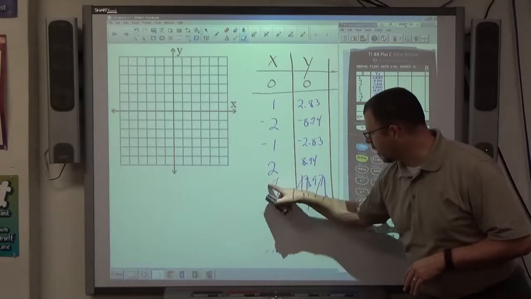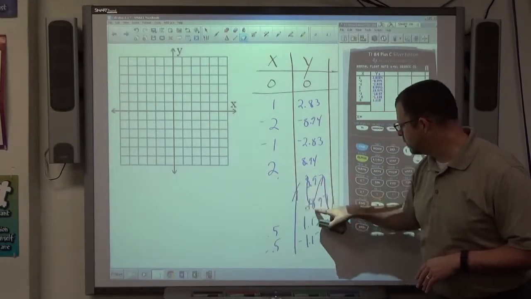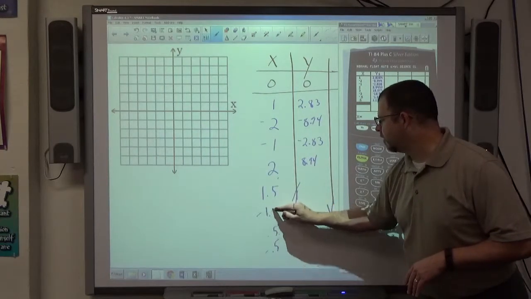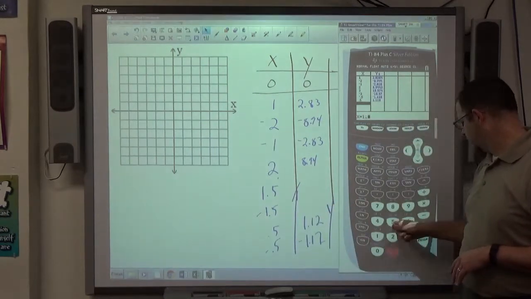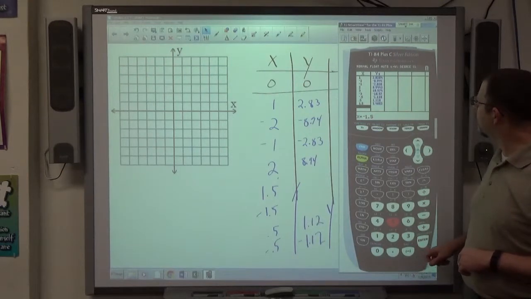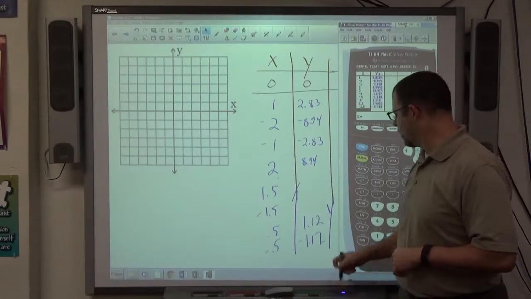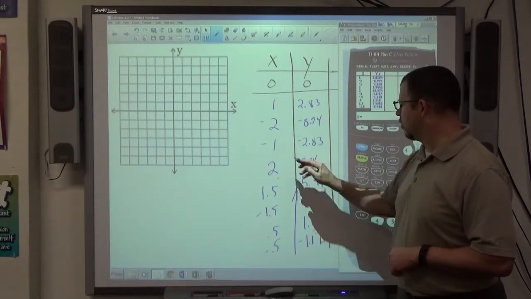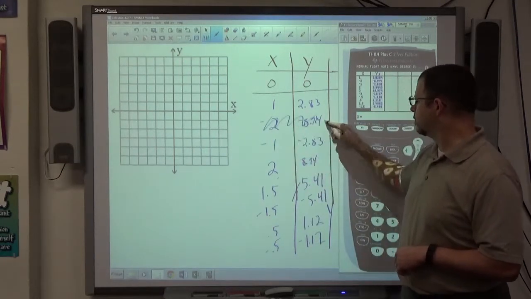Maybe I threw some 1.5s in there also. Got room there. 1.5, negative 1.5. 5.41, negative 5.41. Now that I got those points, I don't want to graph these 8.94 either.